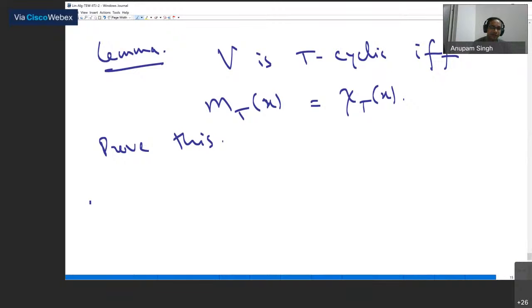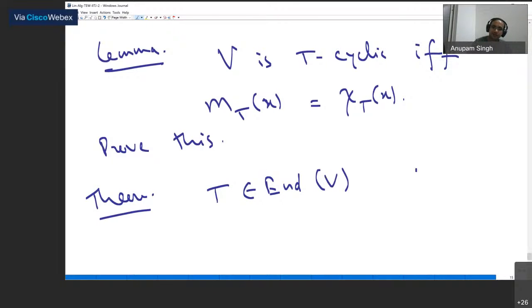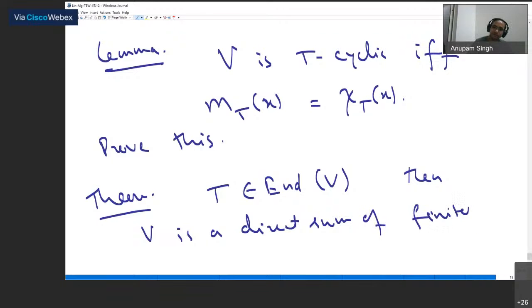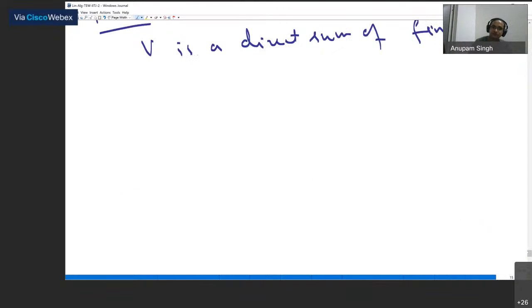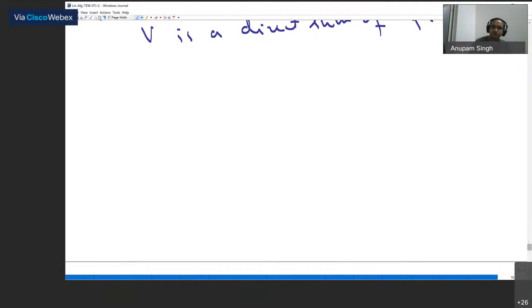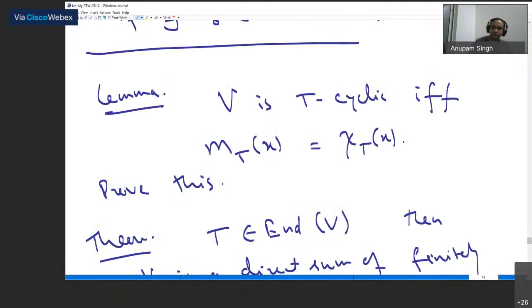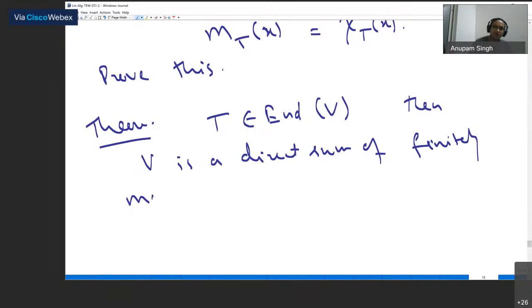And the final theorem is this: if I take any T in End(V), then V is a direct sum of finitely many T-cyclic subspaces.